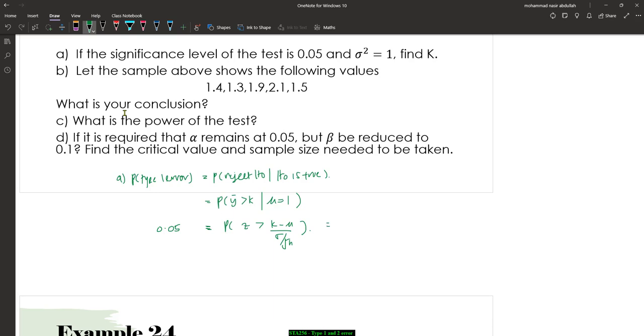So we substitute the values: probability of z more than k minus 1 over square root of 1 over 5. So we know that for 0.05, in the statistical table, 1.6449 equals k minus 1 divided by square root of 1 over 5, or more easily we write 1 over square root of 5.